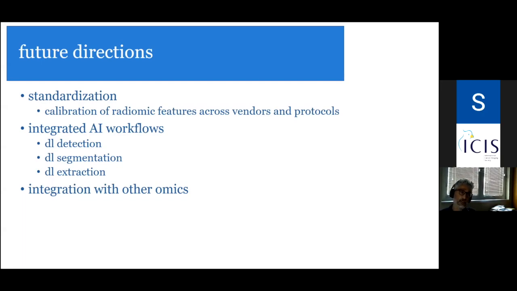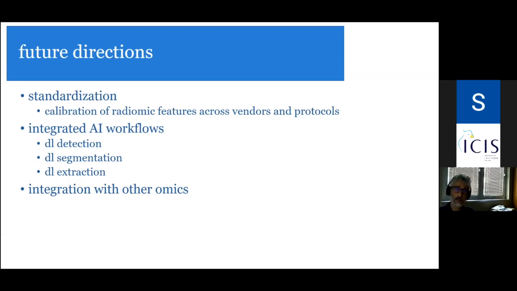Possibly, the future is deep learning. There are different levels of deep learning algorithms that can perform the task of detecting the lesion, doing the segmentation of the lesion, and then extracting all the features. And of course, the future of radiomics is the integration with other omics.